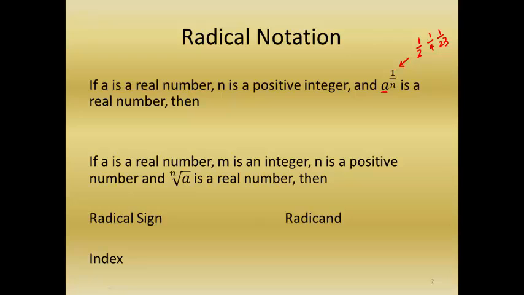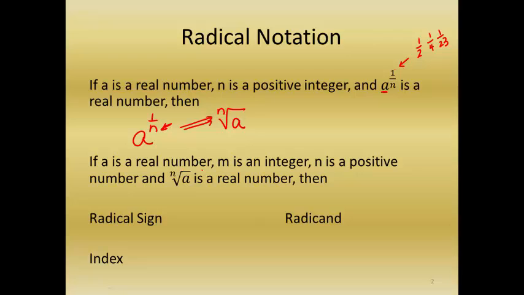Then we have the nth root of a. So the 1/n, the denominator, determines the type of radical that we have. So we can write a base with a rational exponent as a radical with an nth root.